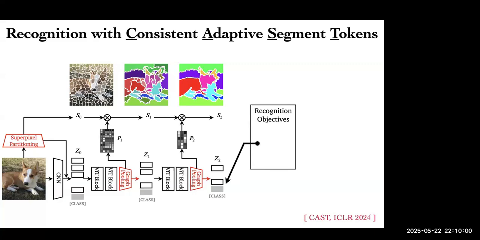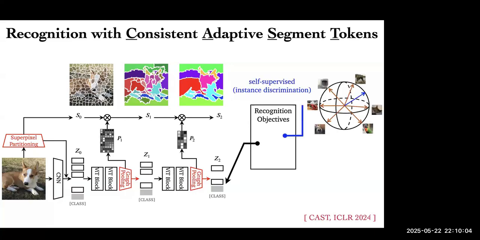And then we have the recognition objective imposed at the very end on the class token. It could be unsupervised. If we don't have labels, we just do instance level discrimination. Every instance is different. Try to be as different from other images as possible. Or if you have class labels, we do supervised classification.